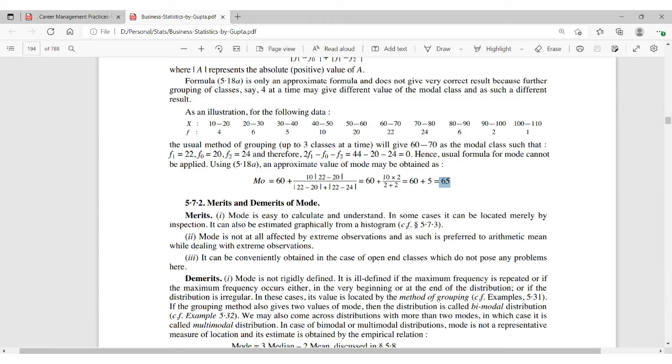Generally, how do we know? You see, the maximum data lies on these three classes: 20, 22, 24. After this, the numbers are small, the frequency is less, right?